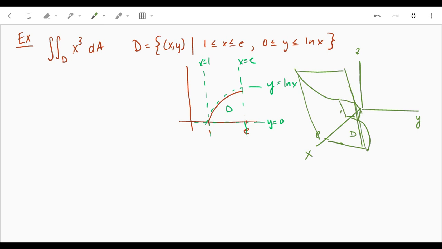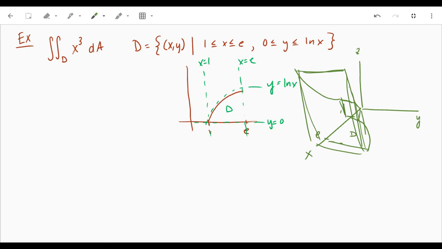This would kind of curve around too. This is almost like a wall over here, and then it would slope down and have a height of 1 here. It's kind of a weird shape.